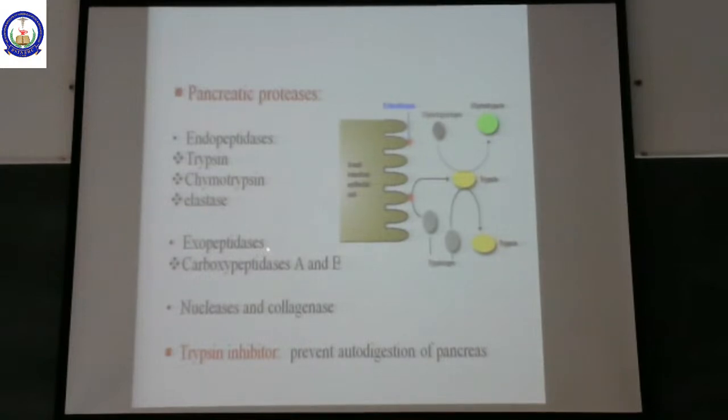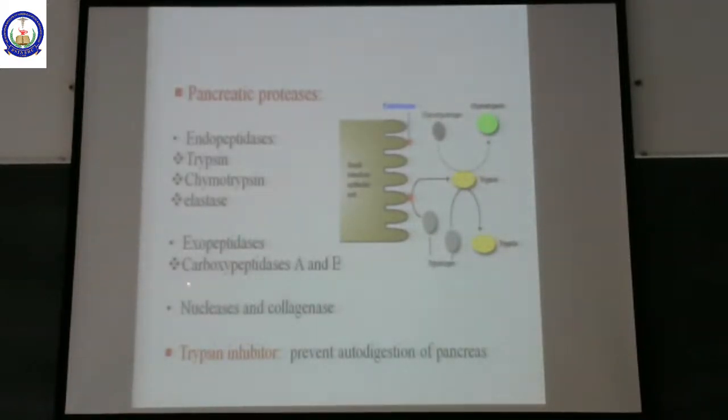Whereas exopeptidases cleave the last amino acid molecule, coming from periphery to center. Last amino acid molecules are cleaved by exopeptidases. These exopeptidases are carboxypeptidases A and B.